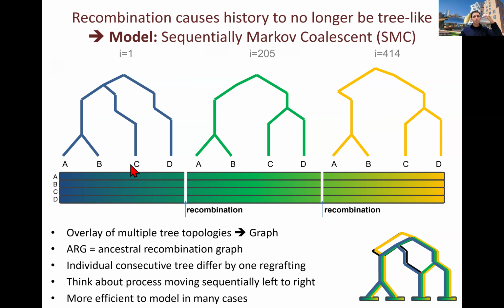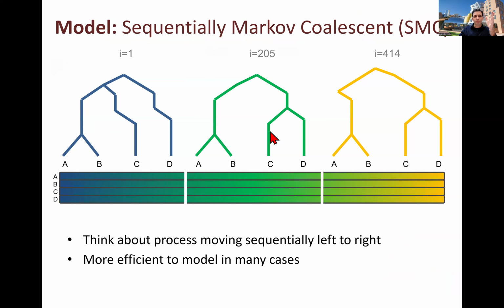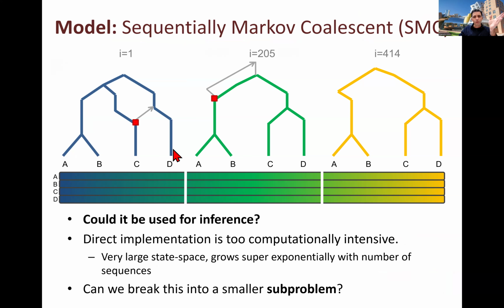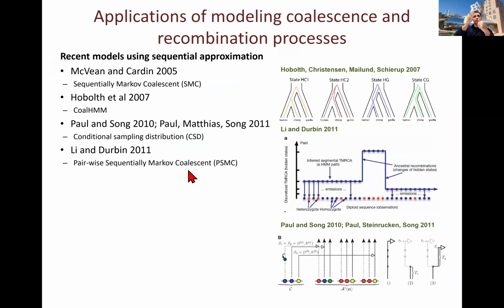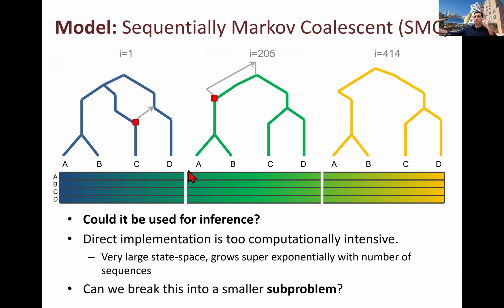So in other words, the moment I include coalescence events that make up a tree in a population, and the moment I include recombination events, then suddenly I have the possibility of switching from position to position in the genome the topology of ancestral recombination and coalescent events that explain any position.